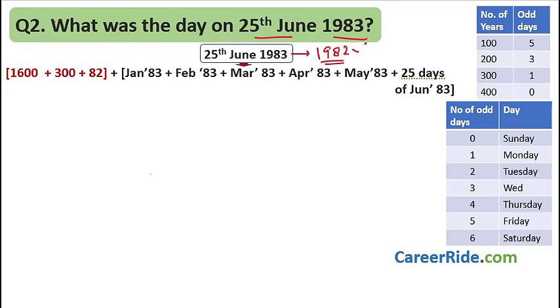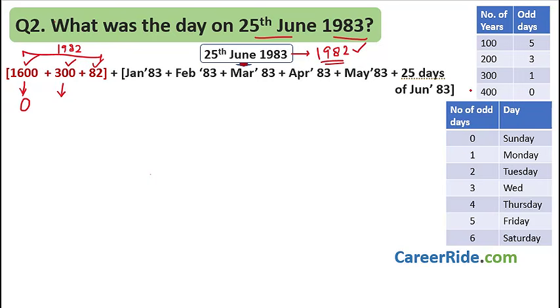So I take 1982 here, because this is already complete, and I can write 1982 as 1600 plus 300 plus 82. And why am I writing it like this? Because I know that 1600 is the nearest century leap year that has 0 odd days.